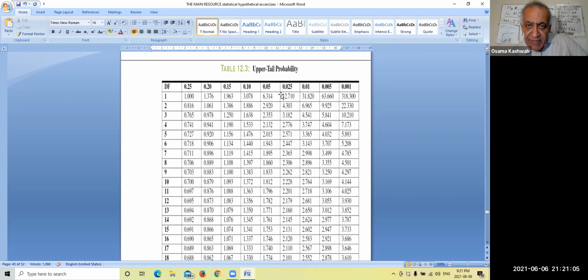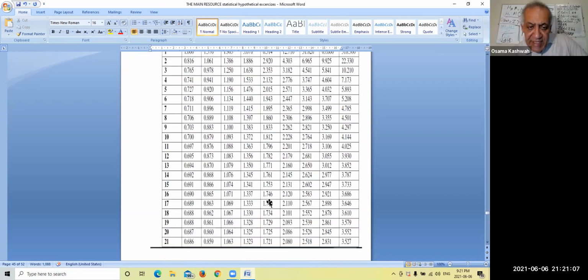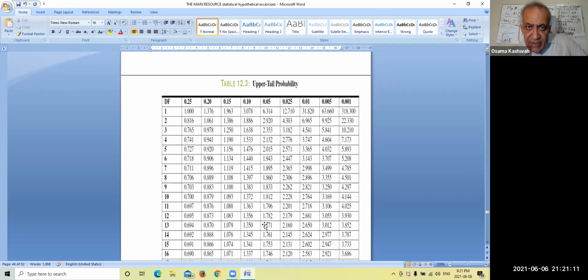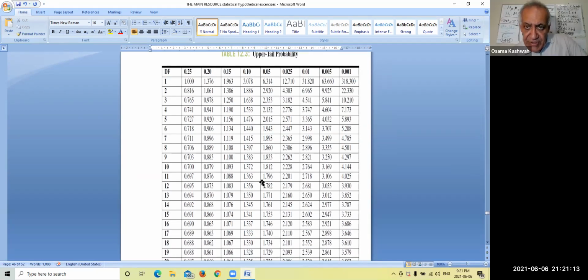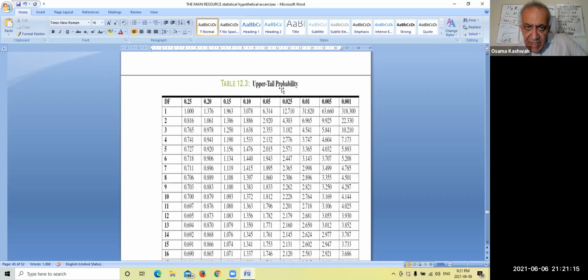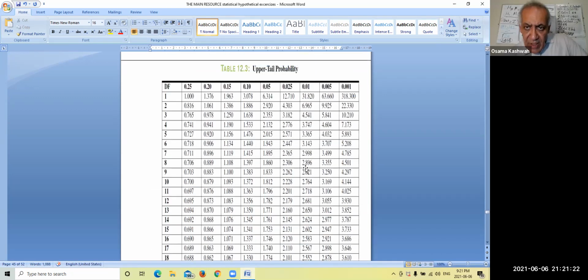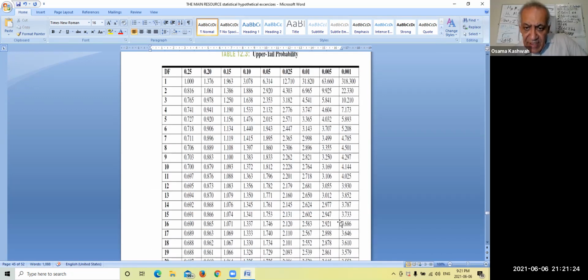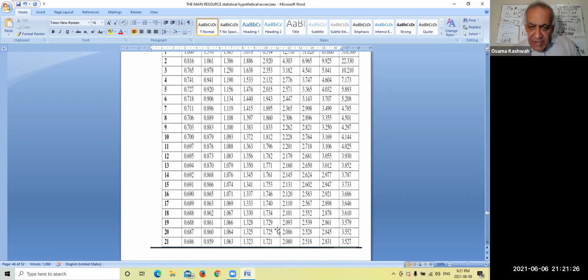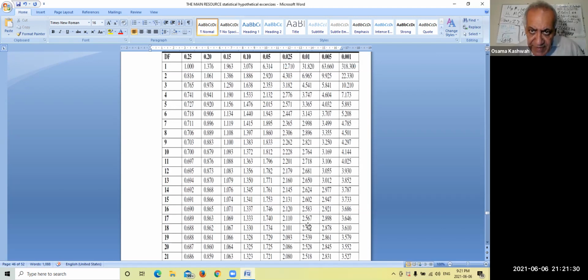And under 5%, one tail, but this is for one tail only. It's not for two tails. This is the upper tail probability. For 19, we have 2.861 and 2.539 for 1% and 5%.